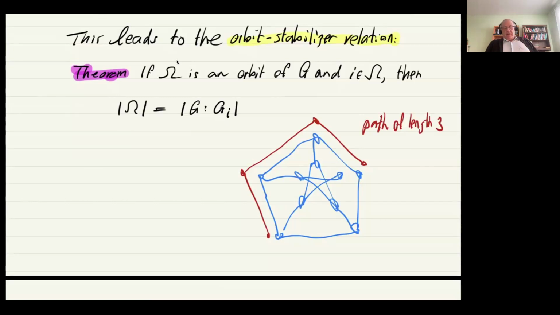Now, the point about this path of length 3 is, let's take this to be the first vertex, then these two vertices are at distance 2. They can't be adjacent because there's no triangles. And this vertex can't be adjacent to this because there's no 4 cycles in the Petersen graph. The girth is 5. So this is the technical term. This would be an induced path.